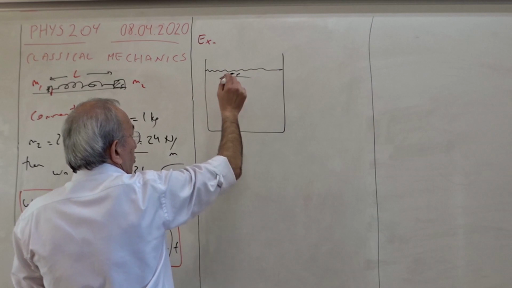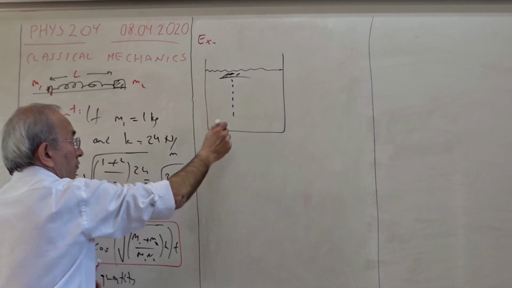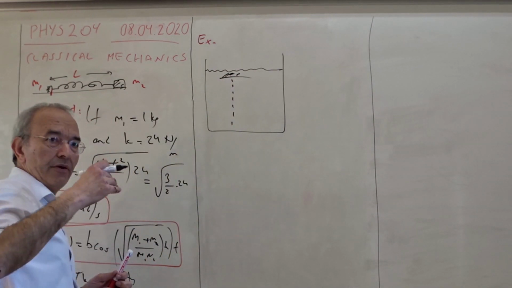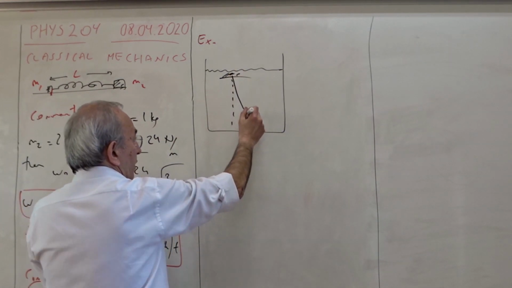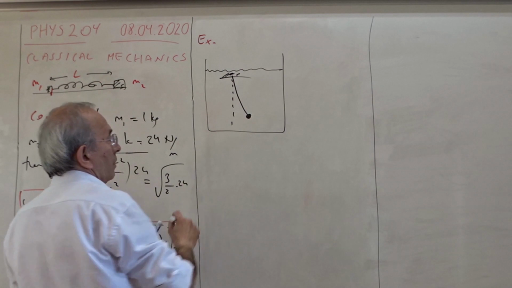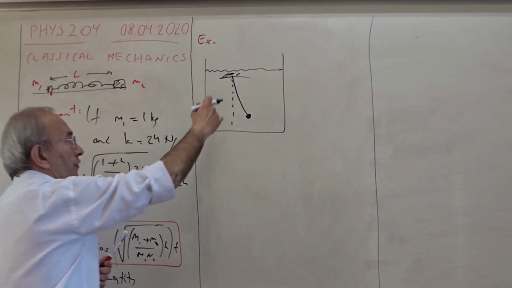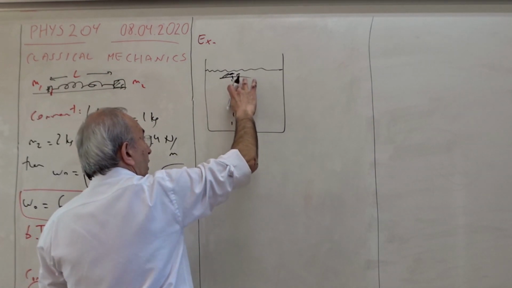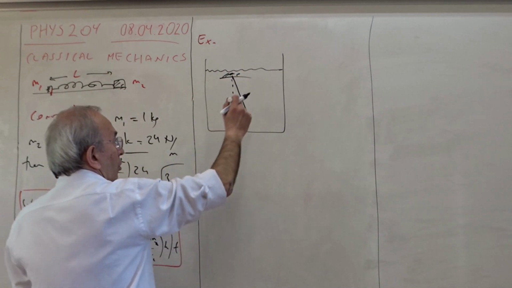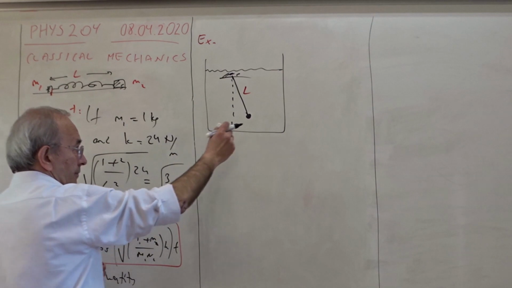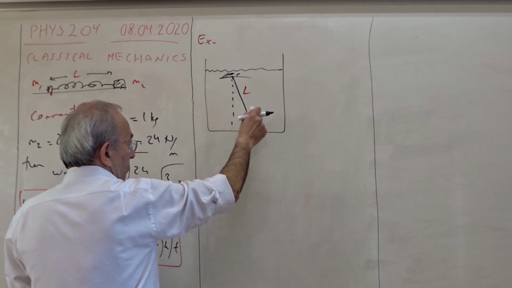So this is the top, that's the vertical line, and we have now a pendulum. So this pendulum is like that. At the end of a very light rod, for instance, a very light rod of length L, we have a mass M.